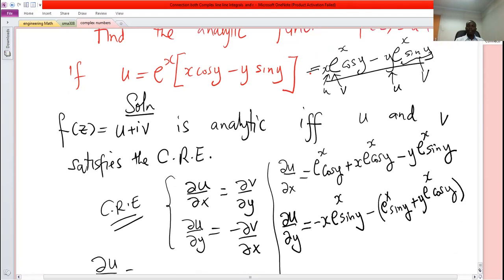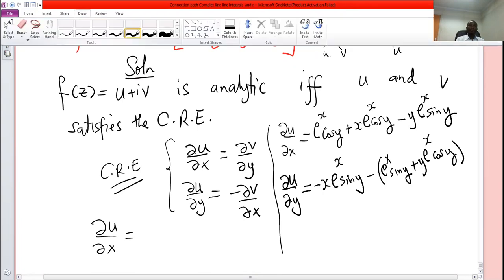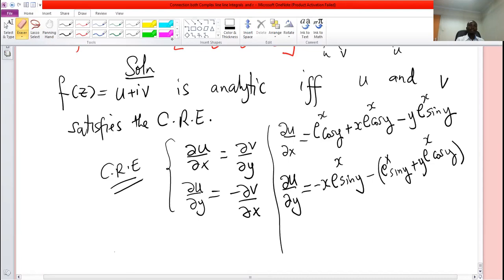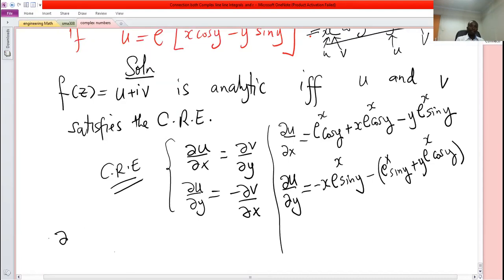So now, from the Cauchy-Riemann equations, I can define my partial v partial y and partial v partial x. Partial v partial x is the same as the negative of partial u partial y.